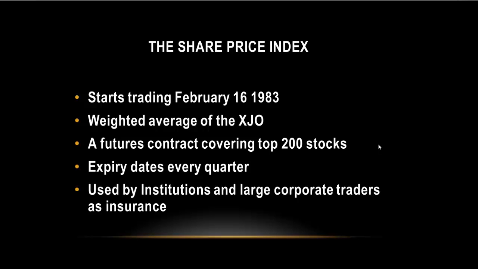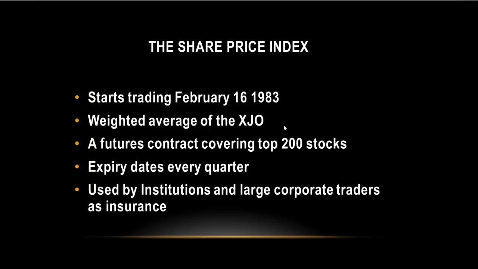They may have 10 or 15 or $20 million worth of stock in a particular company. If they think the market's going to decline, they can't run out and sell it because they'll simply crash the market with that huge volume. But they can take insurance out, and that's what they use futures contracts for.